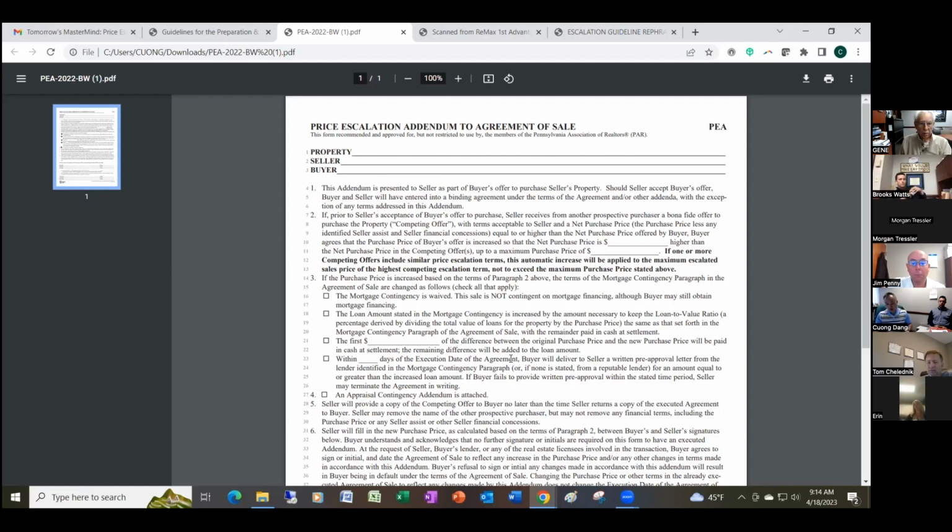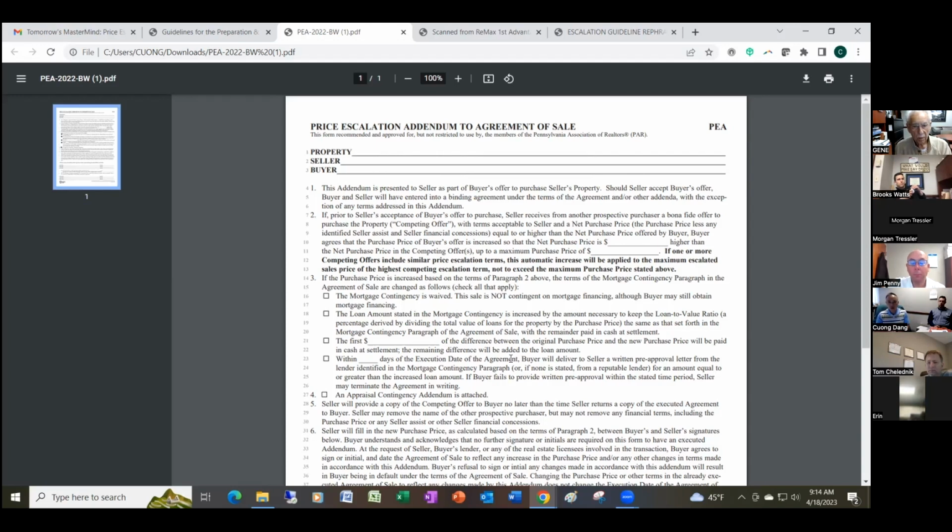Check all that apply. So paragraph 3 here is talking about changes, amendments to the mortgage contingency box, okay, that we have set forth in the agreement of sale. So checkbox number 1, the mortgage contingency is waived.